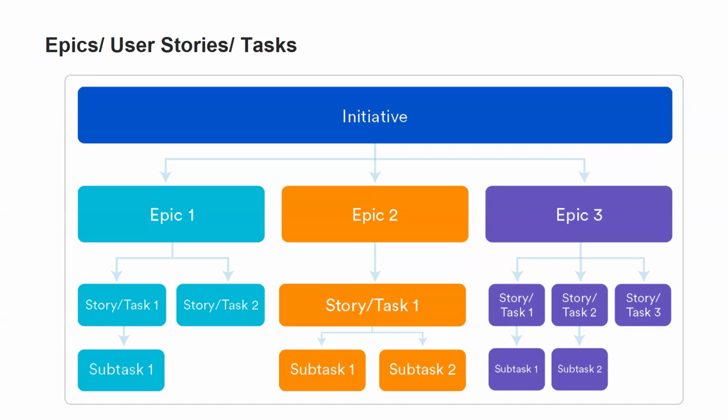Story will be a further breakdown, a small item of this specific initiative. And what we are going to do is try to deliver a single story or a task during our sprint. So under an epic, there can be multiple stories. Once we complete all these stories, then only we will complete this epic. And once we complete all these epics, we will complete the whole initiative, right?